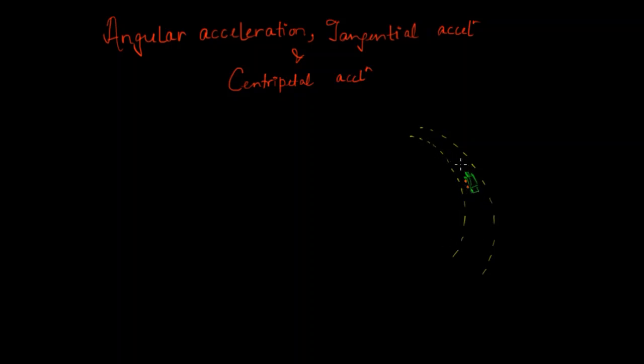Now, given that this car is having a circular motion, we can use polar coordinates to locate the unique position of the car at any time t, right? If we take the polar coordinate system, then we can uniquely locate the position of this car by two parameters.